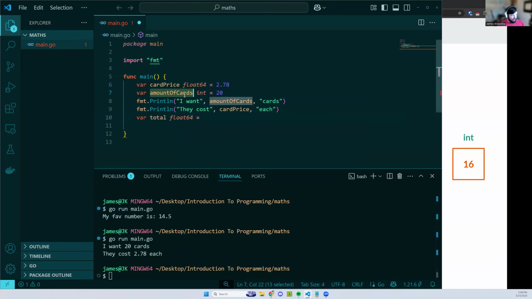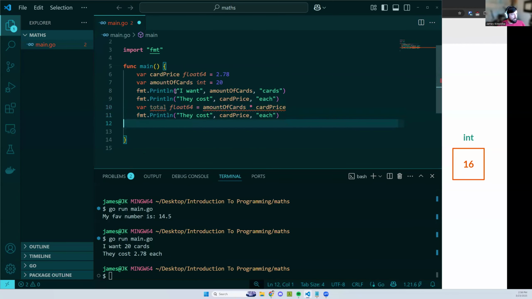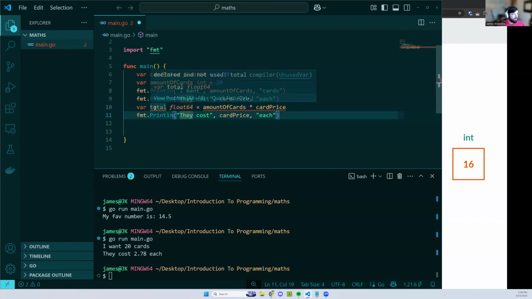The tough part is I want my price to be the amount of cards times the card price. But we can't do this. And let's get rid of this one because it says this is not declared and not used. So I can say your total is. All right.